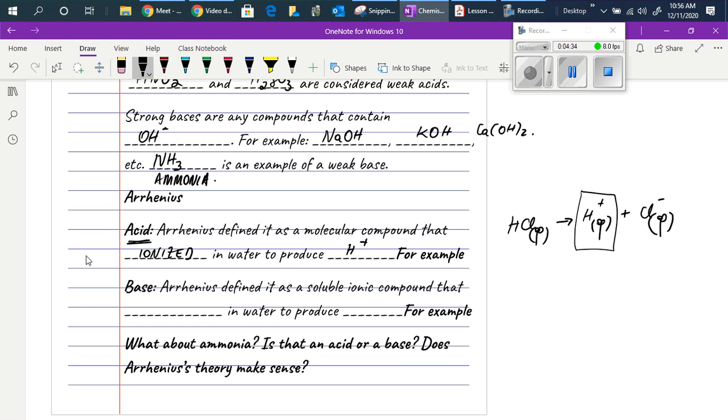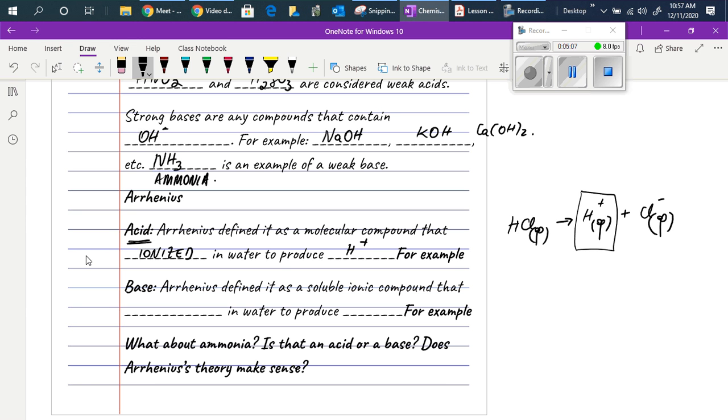Remember what I said, that Arrhenius didn't have the idea that actually in aqueous solution what we have is hydronium, because this hydrogen plus is very active and will be attracted to the lone pairs of oxygen on the water molecule to form the hydronium. So Arrhenius initially didn't even know this fact.